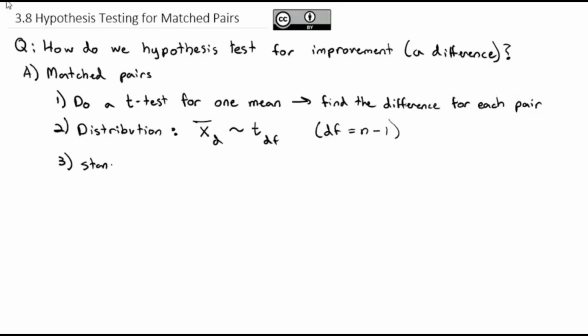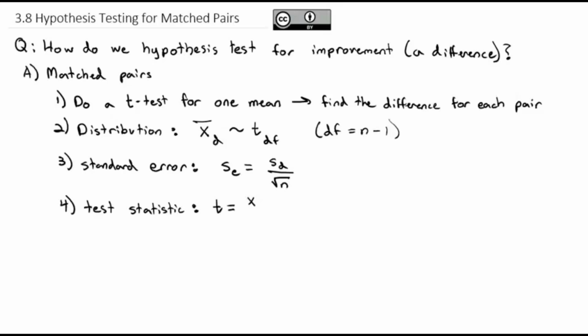And then we can calculate the standard error. The standard error is simply the standard deviation of the differences divided by the square root of the sample size. And we can use that standard error to find our test statistic, which, very similar to the test statistic for a single mean, is t equal to the average difference minus the hypothesized difference, divided by the standard error.